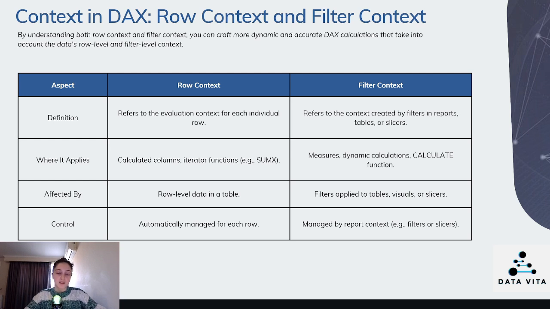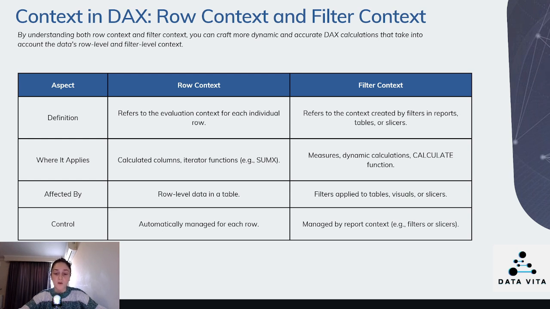What is the key difference and where does each apply? Row context is commonly used in calculated columns and iterator functions like SUMX, where each row is independently calculated. Filter context, on the other hand, is used in measures, dynamic calculations, and when you use functions like CALCULATE, where the entire table or subset of the data is affected by the filters. Row context is influenced by the row level within the table itself.